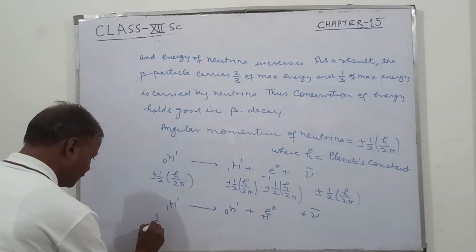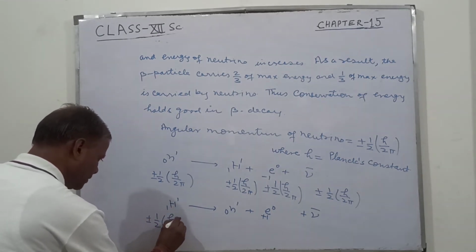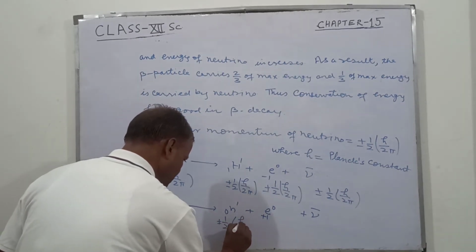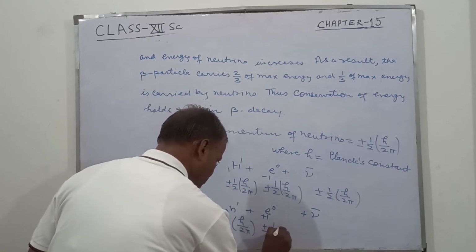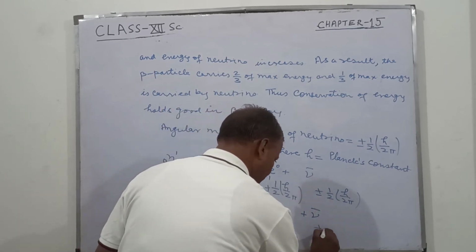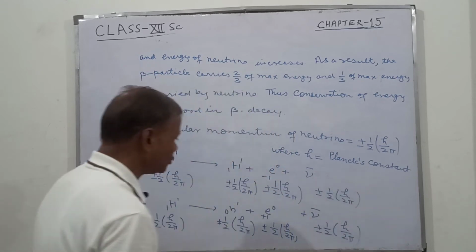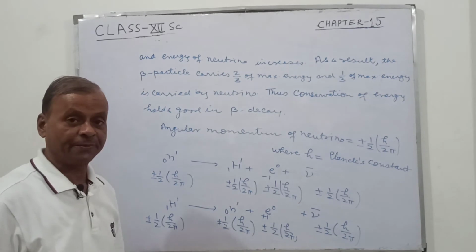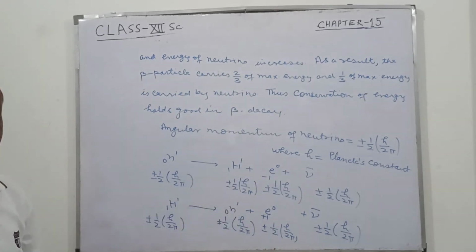Then this is 1 by 2, plus minus 1 by 2 h upon 2 pi, this is 1 by 2 h upon 2 pi, and this is plus minus 1 by 2 h upon 2 pi. So in both the cases, when the beta plus or beta minus particle is emitted, the law of conservation of angular momentum holds good.